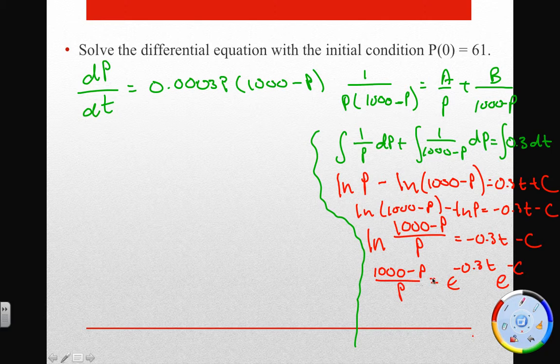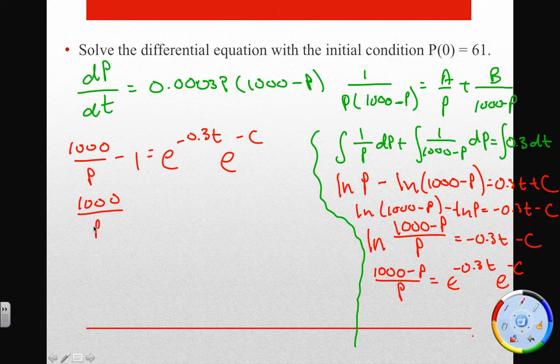Now we have 1,000 minus p over p is equal to e to the blah, blah, blah. We can actually simplify this fraction a little bit if we wanted to. It's actually 1,000 over p minus 1 equals e to the negative 0.3t times e to the negative c. Add 1 to both sides.